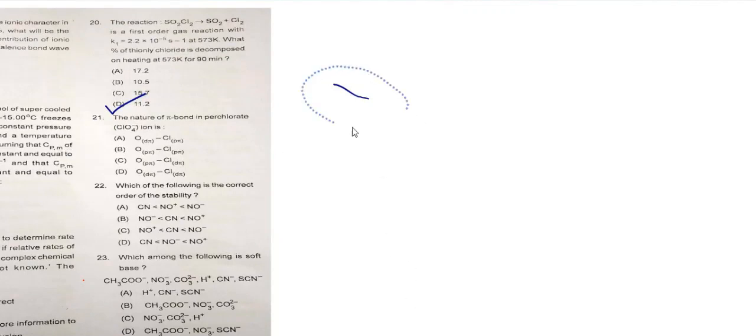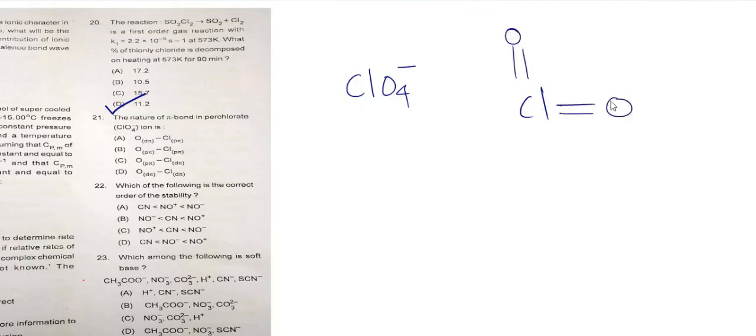Question number 21 is about the nature of a pi bond in perchlorate. For the structure of ClO4 minus, chlorine has one double bond, another double bond, a third one, and the fourth one has a negative charge.